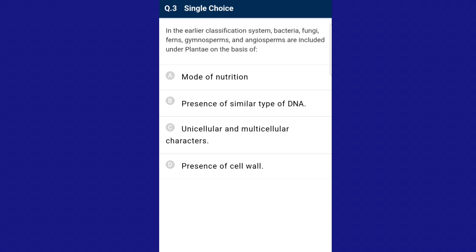This system did not distinguish between the eukaryotes and prokaryotes, unicellular and multicellular organisms, and photosynthetic green algae and non-photosynthetic fungi. Bacteria, blue-green algae, fungi, ferns, gymnosperms, and angiosperms all possess cell wall. Animals do not have cell wall. So the answer is option D, presence of cell wall.